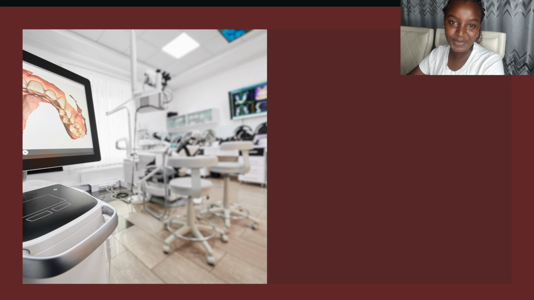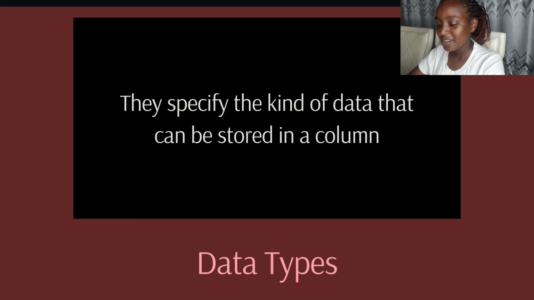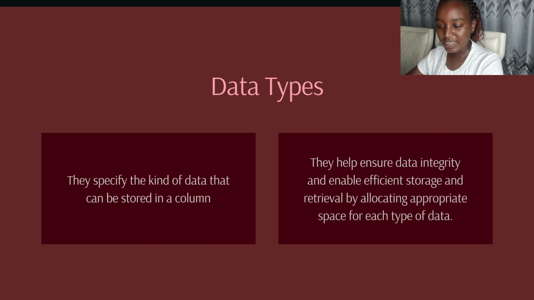Let's look at data types. We have different types of data types. What are they? They specify the kind of data that can be stored in a column. They help ensure data integrity and enable efficient storage and retrieval by allocating appropriate space for each type of data. So in this case, this is what we mean when we say varchar 50.